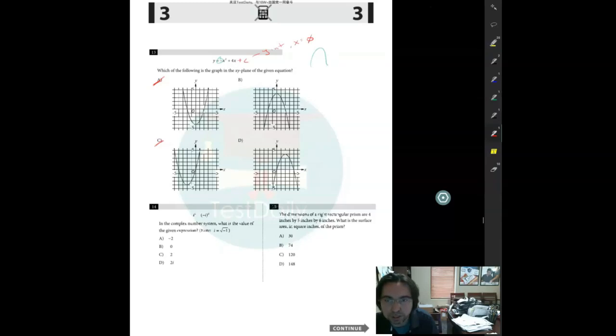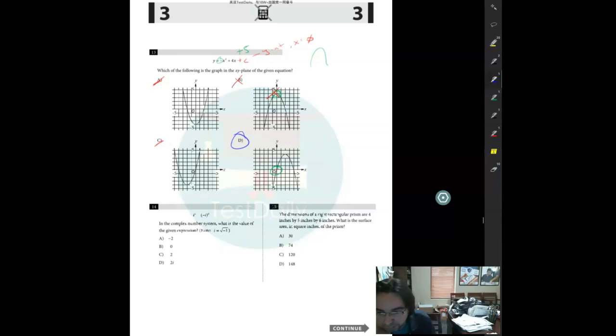Since there's no constant term, that means the graph goes through the origin, 0, 0, which we see happening here. B would suggest that we would have a +5, which is not the case when x equals 0. So B is not the answer choice, and instead D is the proper answer choice on this one.